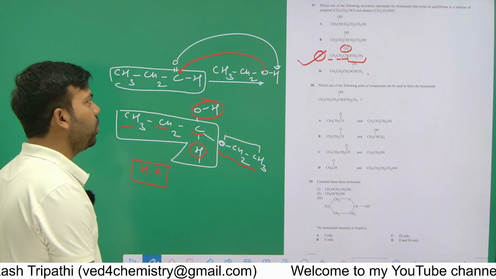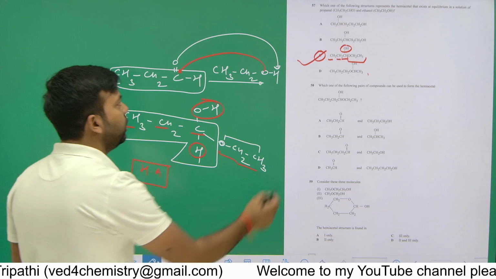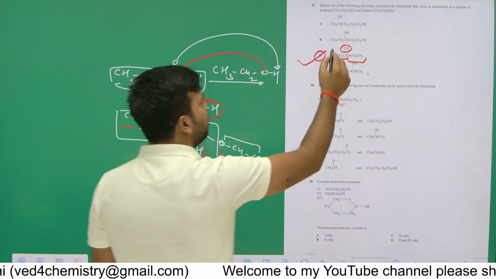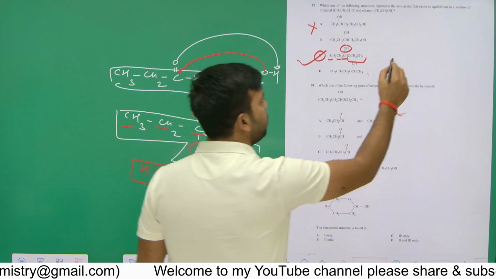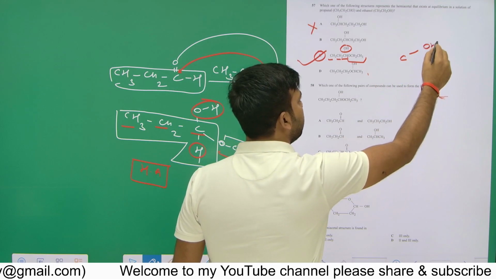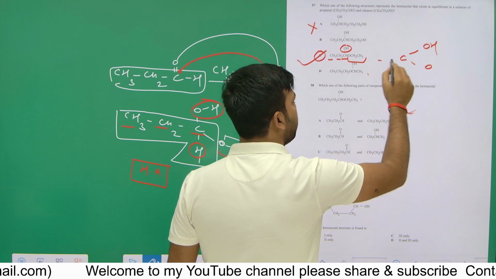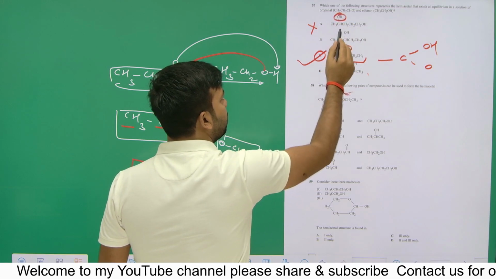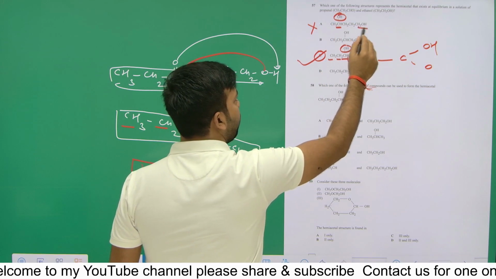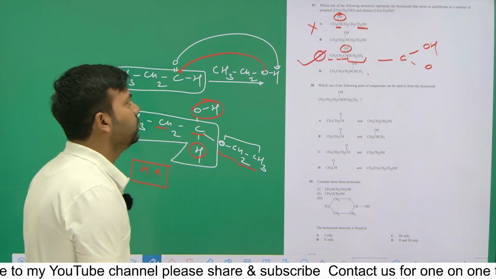Why is A wrong? If you look at A, this is not a hemiacetal structure, because a hemiacetal is what? A carbon has OH and a carbon has O at the same time. So this carbon has OH but not oxygen here. You can see oxygen is too far from this carbon. So A is wrong.